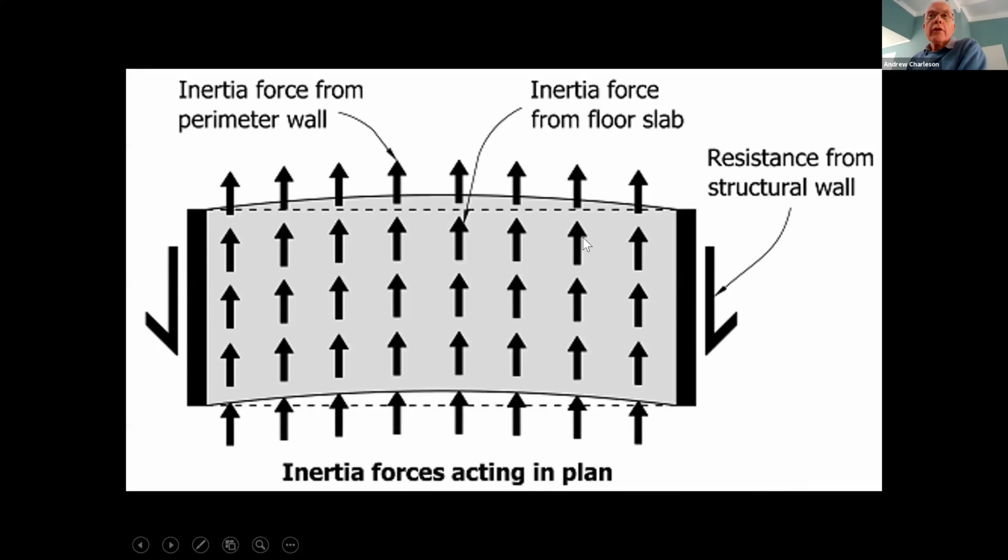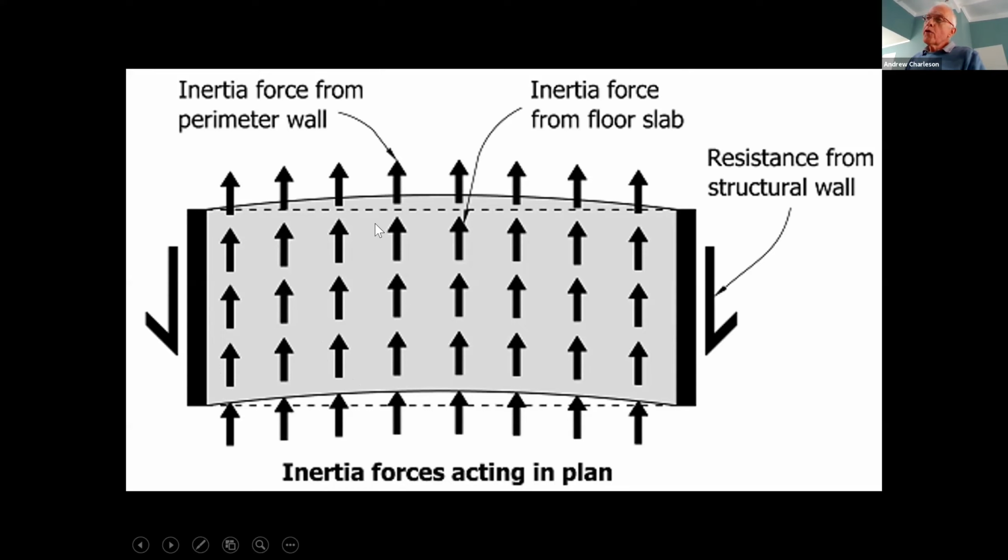If we look at these forces in plan, they look like this. Here's the length of the building, here's its width. And so over every square meter of the floor slab, there is an inertia force.